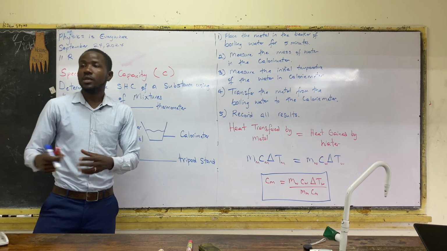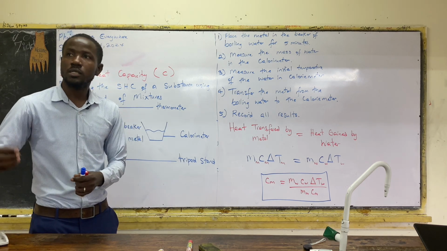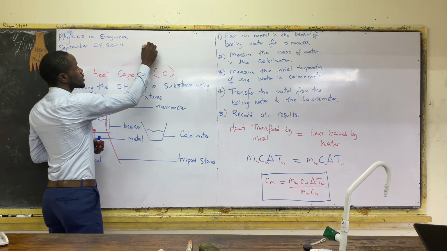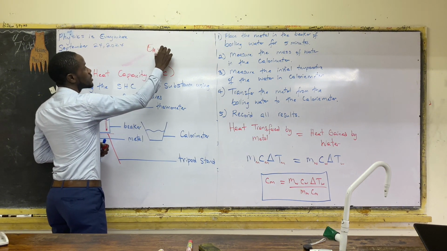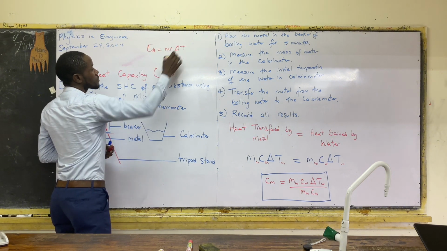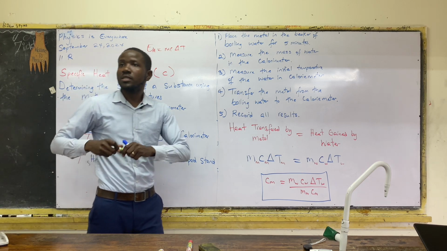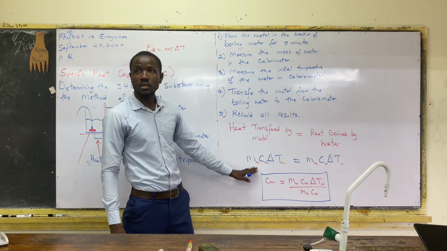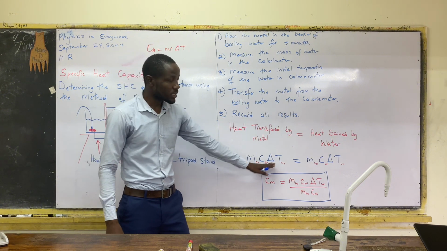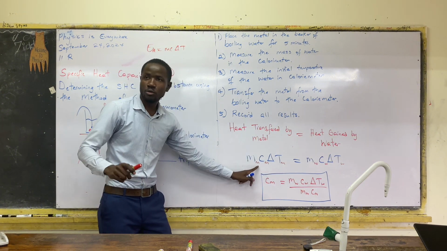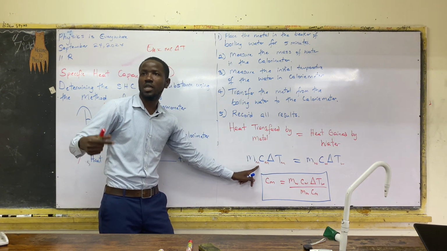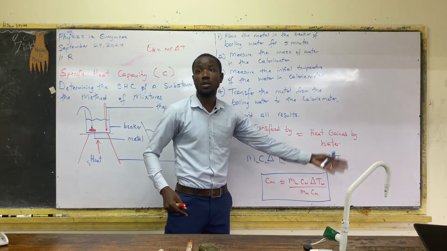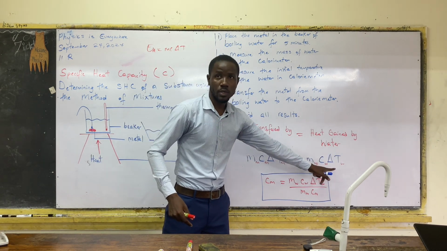Now we know that we can calculate how much heat energy is supplied or removed using E_H is equal to mcΔT. So for the metal, we say mcΔT, but we add a little m right here to indicate that we're talking about the metal. And that's going to be equal to mcΔT, but for the water, so we add the w.